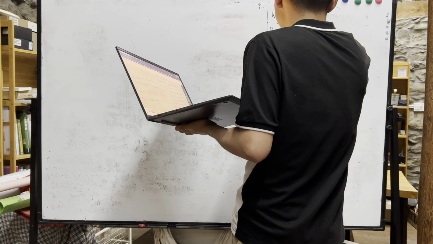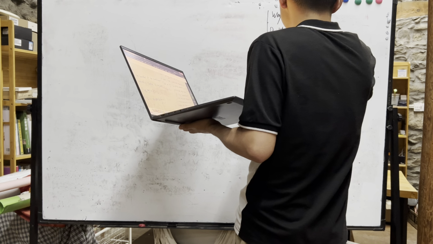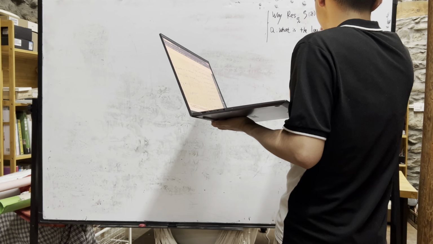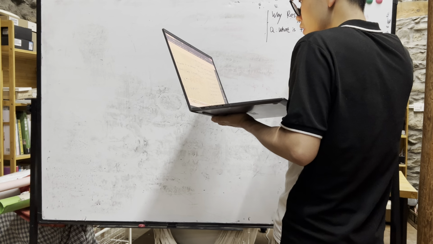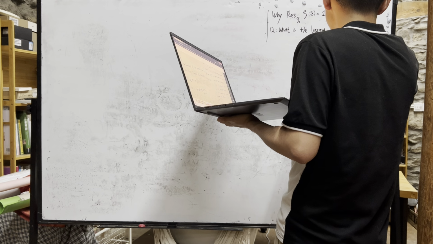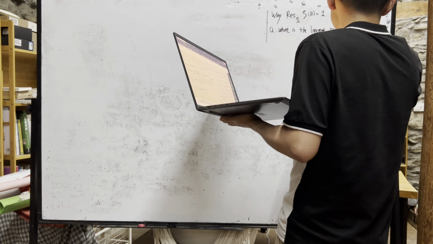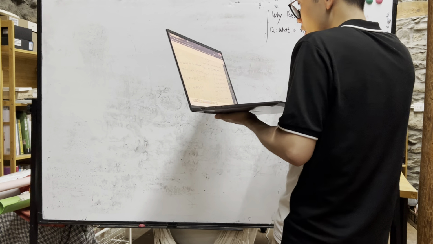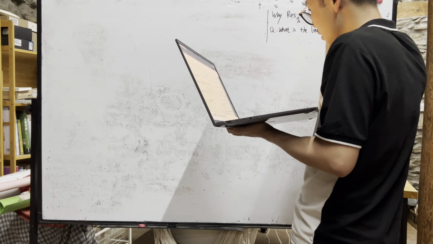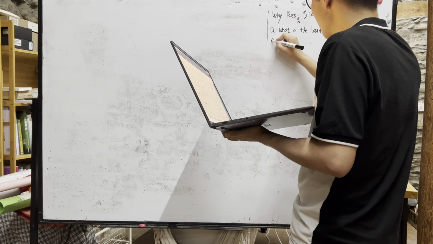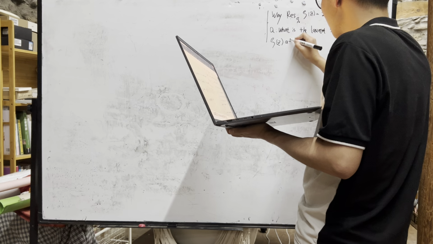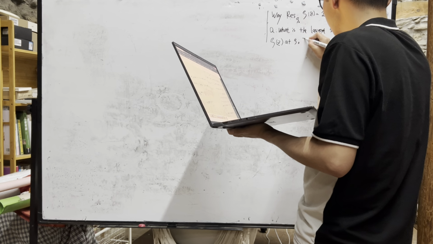The question is, what is the Laurent series of this zeta of z at zeta naught?